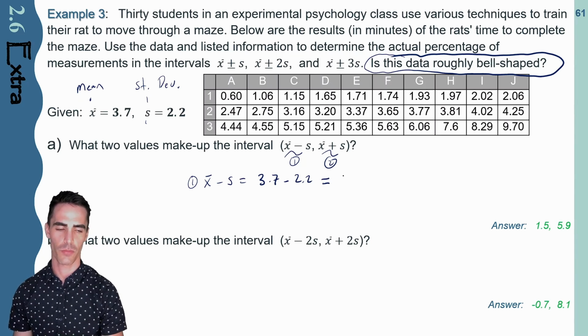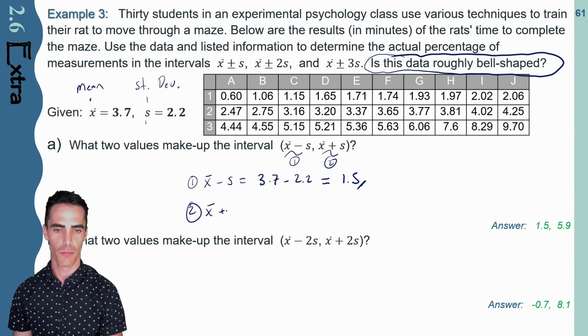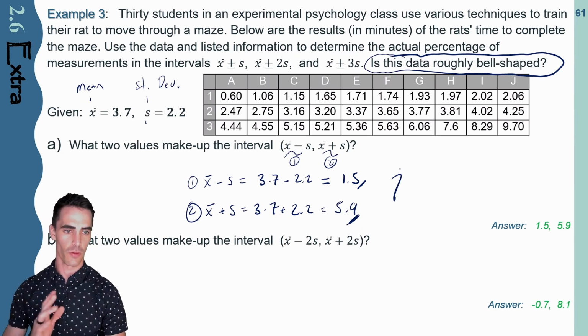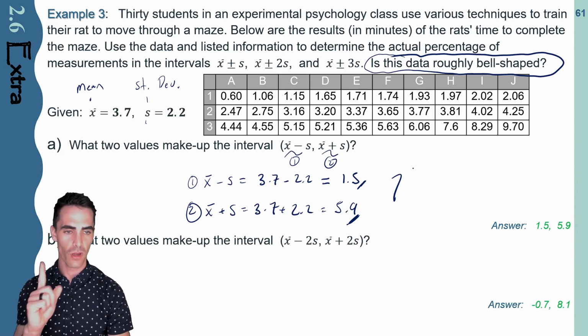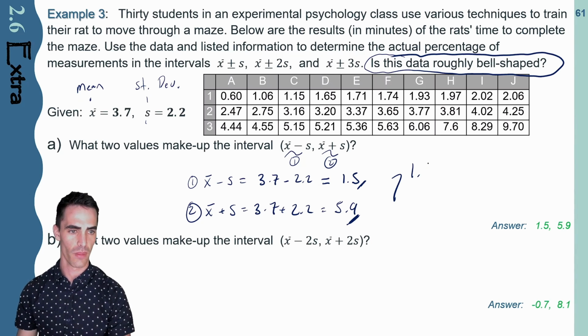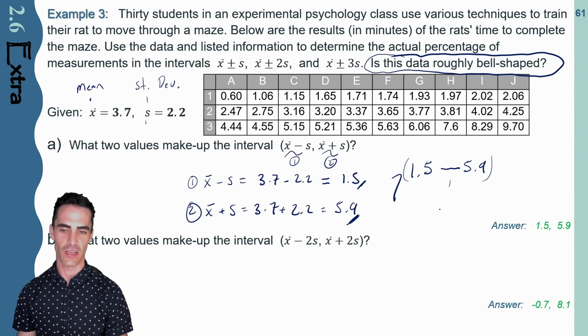If we subtract these two, it should be 1.5 for my first endpoint. For the second one, it was the mean plus a standard deviation. That's going to be 3.7 plus 2.2, and that's going to end up being 5.9. And so the interval that makes up 1 standard deviation plus or minus is 1.5 all the way to 5.9. This is the interval that makes up 1 standard deviation plus or minus.